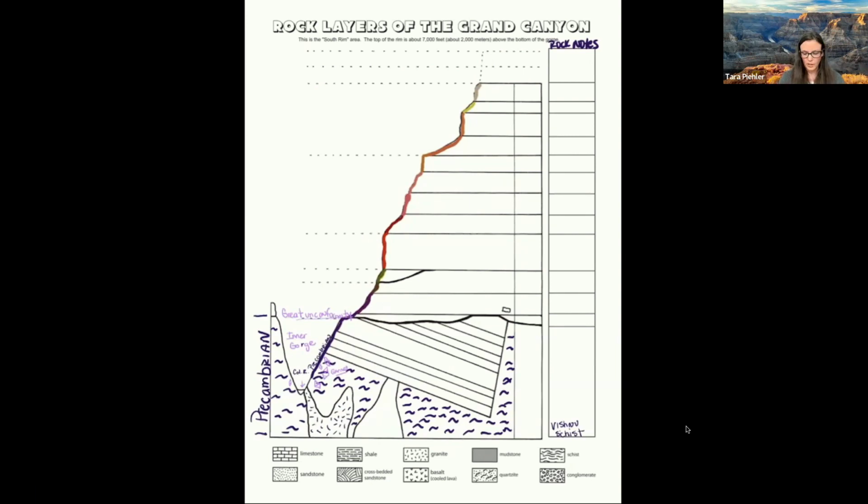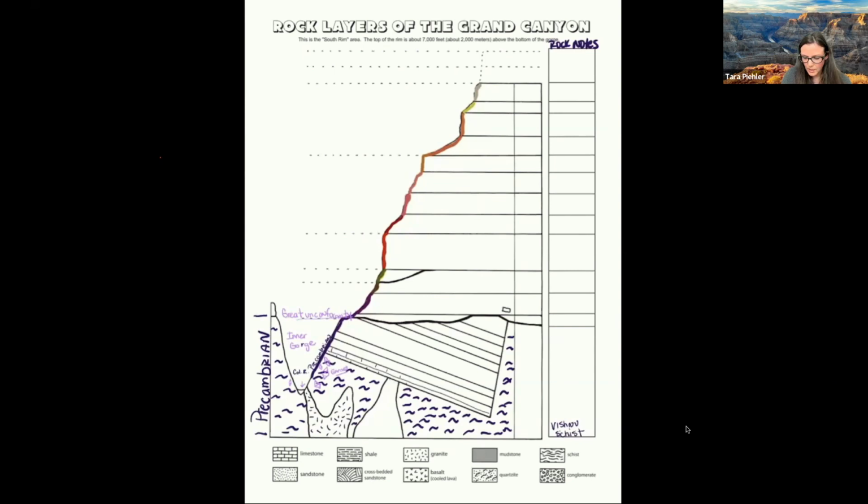All right, so these layers here are also going to be our pre-Cambrian. This first layer is just going to be limestone. And how to do limestone, we kind of make it like a brick pattern. So you can put a line through and do some brick.